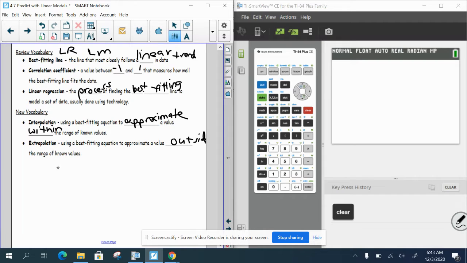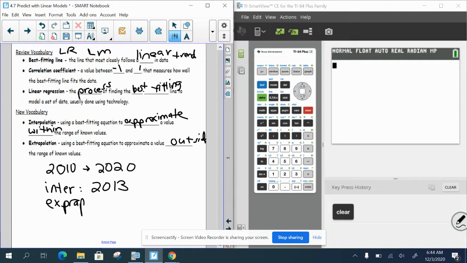So, for example, let's say we have some data that goes from 2010 to 2020. An example of interpolation, think inside, would be, say, to use your equation to estimate what it would be in 2013, because 2013 is in between 2010 and 2020.